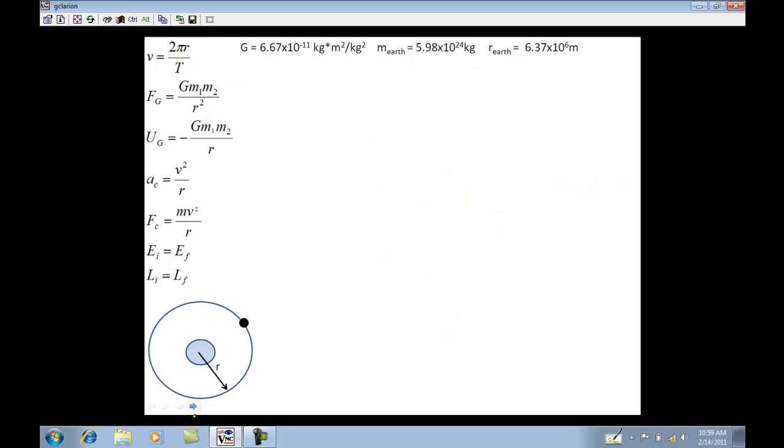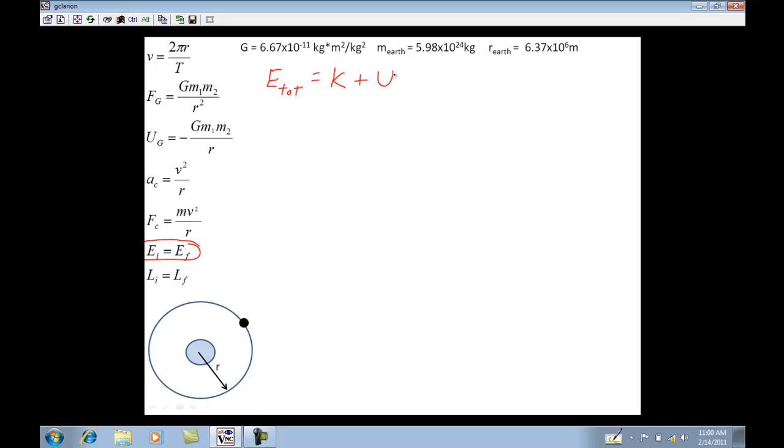Now, if we look down here, I've written the fact that the initial total energy should equal the final total energy for a planetary system. Each of those, E total, is going to equal the kinetic energy plus the potential energy.